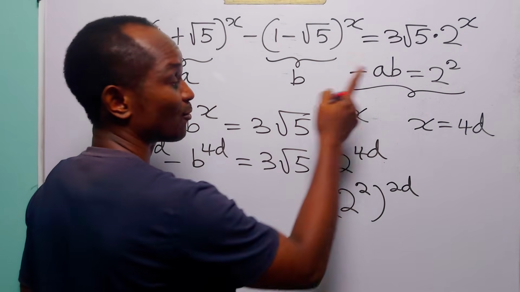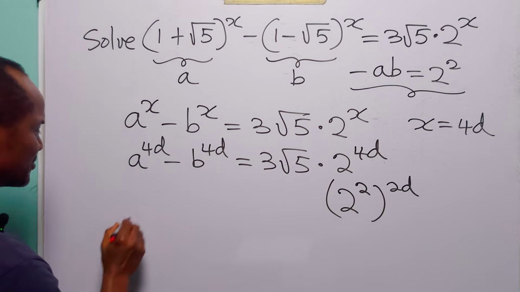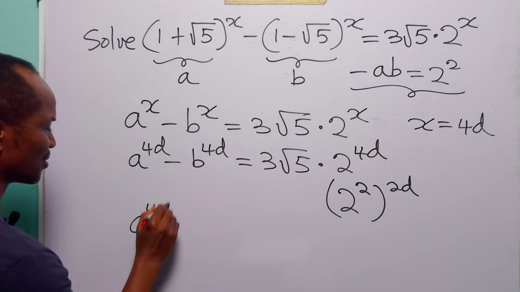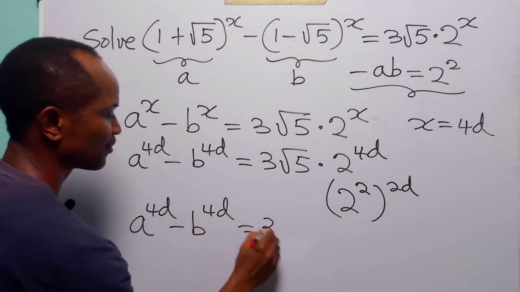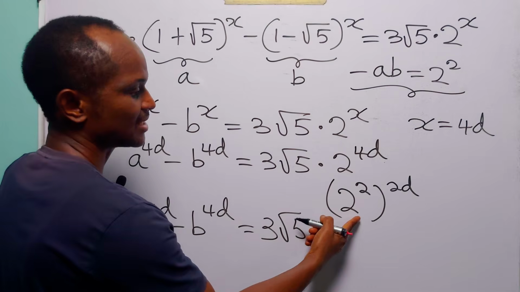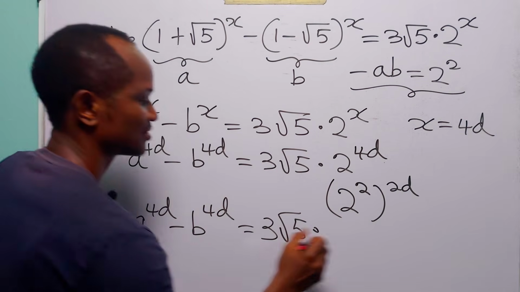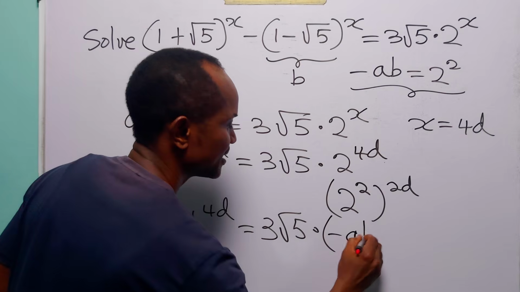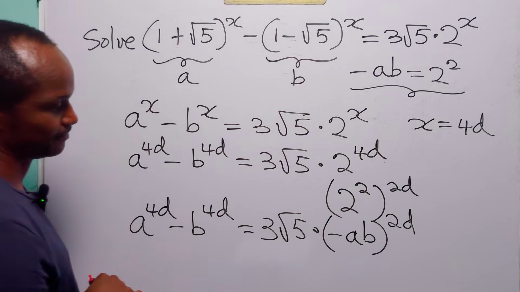Now let us go back to this. 2 squared is equal to minus ab. So that means that this equation can be written as a to the power 4d minus b to the power 4d is equal to 3 root 5 times. Now, instead of 2 squared, we are going to replace it with minus ab. So we have minus a times b to the power 2d.